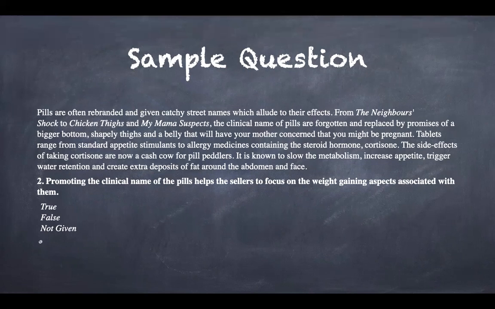If you read the passage and have a closer look, you can see in the first line itself, they say pills are often rebranded and given catchy street names. And then in the second line, it says the clinical names of the pills are forgotten, which means that promoting the clinical name of the pills does not clearly help the sellers to focus on the weight gaining aspects.